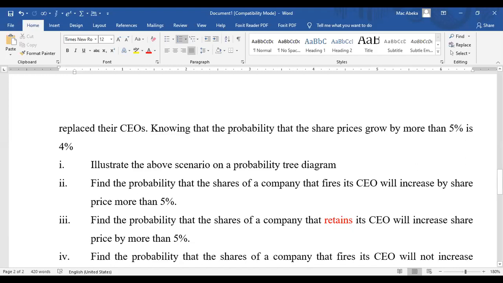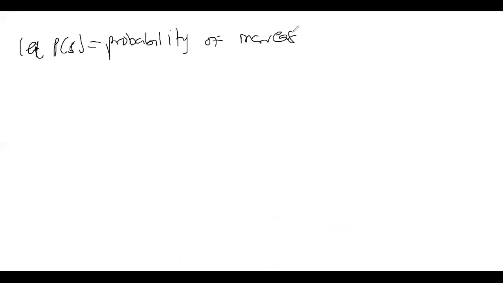All right. So now let's illustrate these things on the probability tree, then we can solve. First of all, let S be the event of increasing share price by more than 5%.